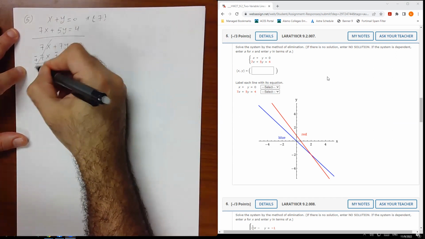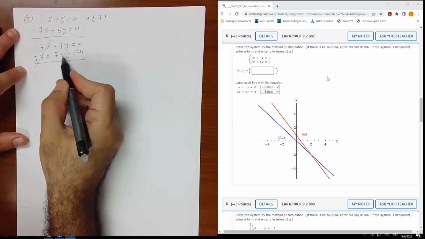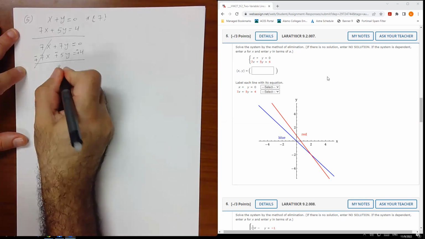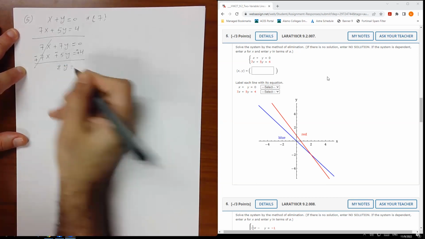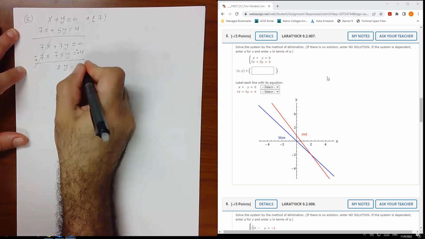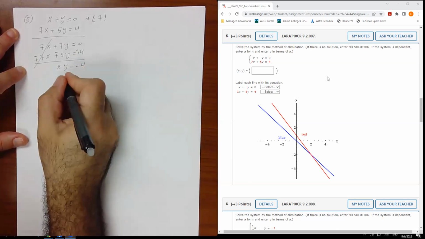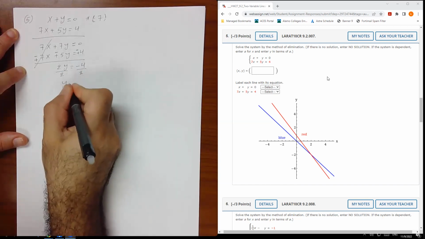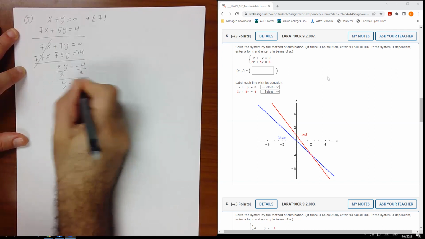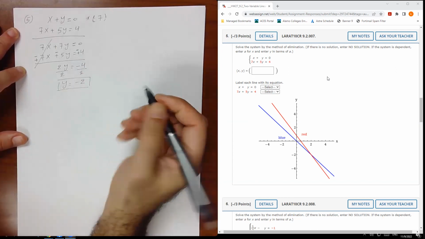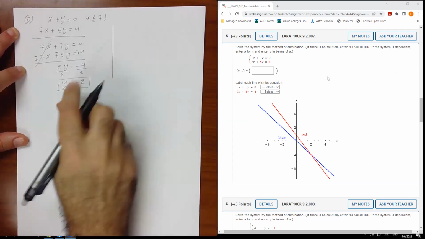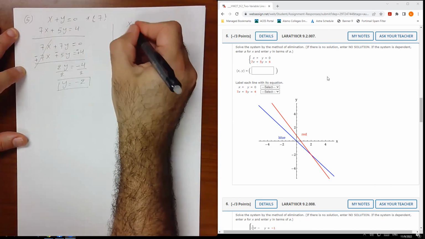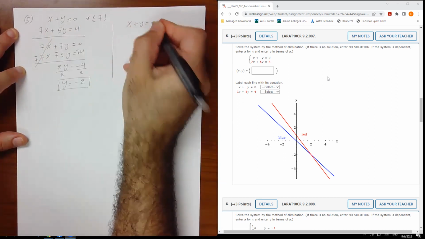Now cancel these. Now 7y minus 5y is going to be 2y equals 0 minus 4, which is -4. Then divide both sides by 2. That means y is going to be equal to -2. Then I'm going to plug -2 into the first one. We have x plus y equals 0.